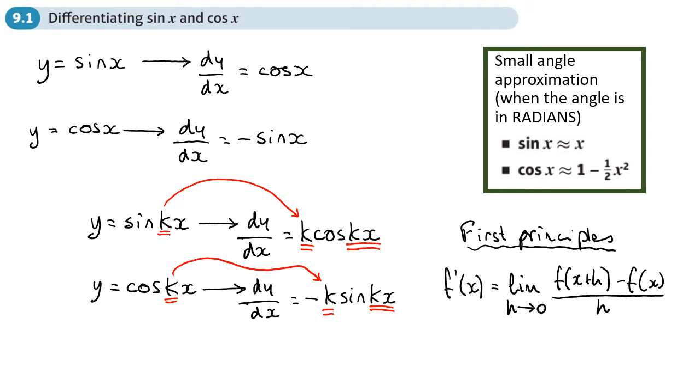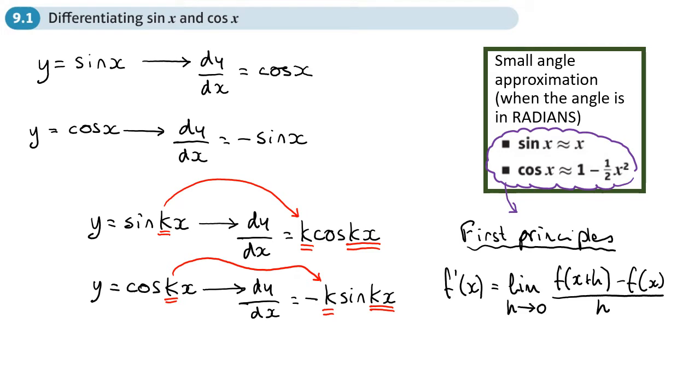And sometimes there's some extra information they give you, but these small angle approximations are useful in proving something from first principles, and there may be one or two other bits of information they may give you, and we'll look at those in a minute.